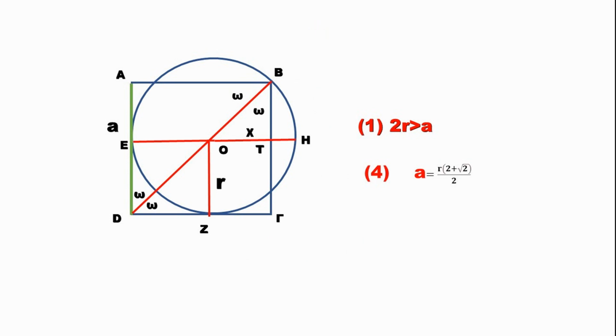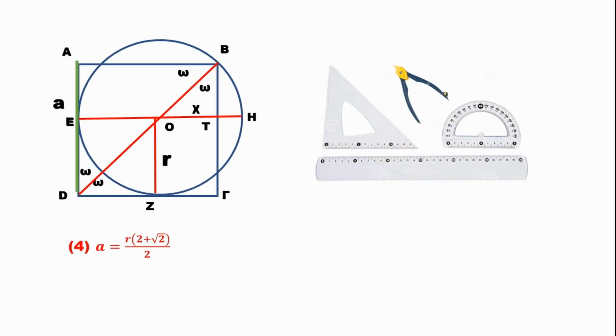Solution, continued. So, inequality 1 assures us that the problem will have a solution. And equality 4, that when we are given one of the geometric quantities A or R we can find the other. Solution, continued.